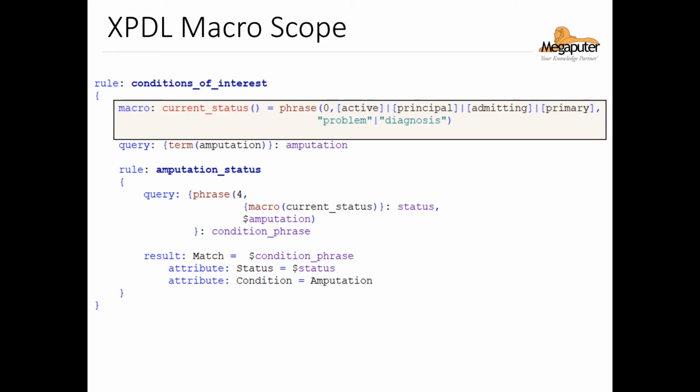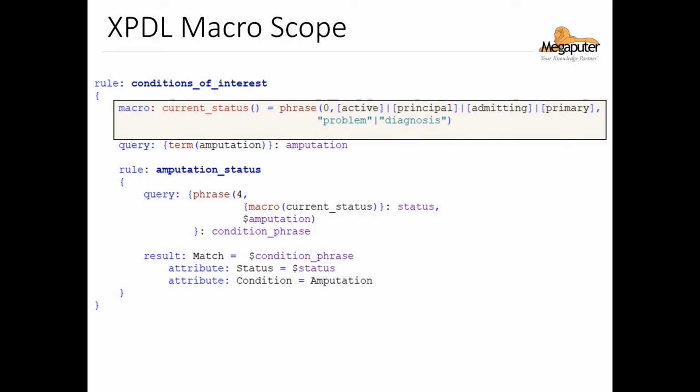But say outside of rule conditions of interest, we defined another rule called conditions of interest 2, for example, and then we had a term, respiratory failure in that one, and then we went on to do respiratory status and did phrase for macro current status, and so forth.